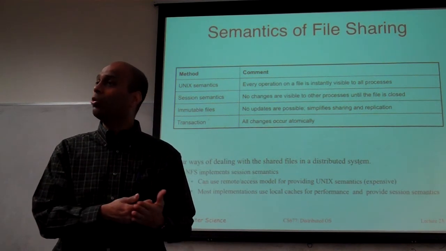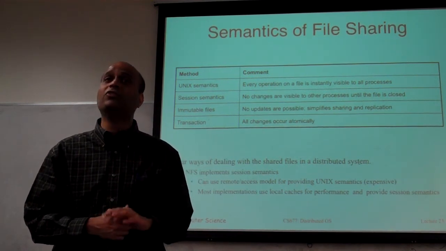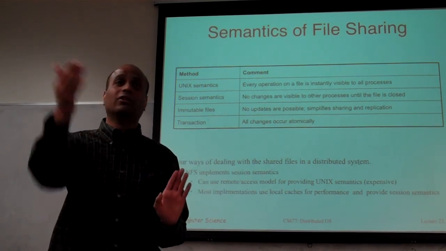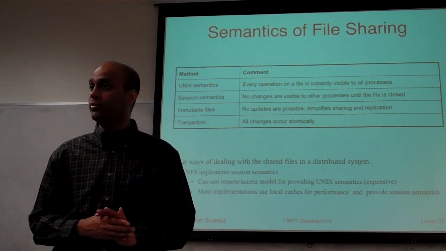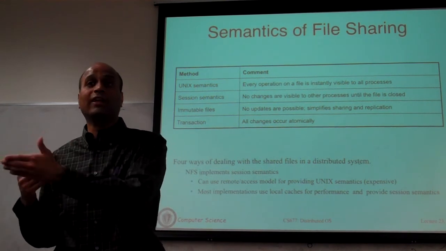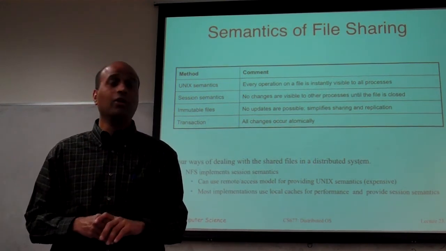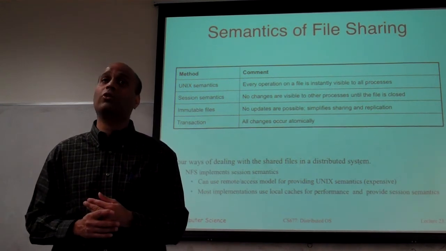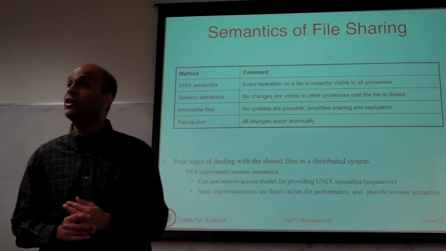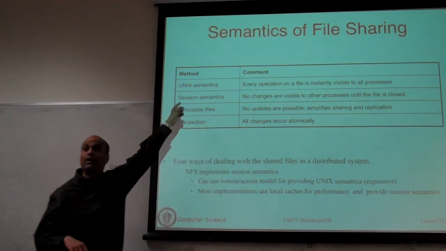They may be cached locally. So consistency is weaker. If they are cached locally, the server doesn't even know that this write has been performed. So if another process on a second machine reads the file, the server still has the old copy of the file, so it is going to provide you the old version of the file. As a result, you do not get Unix semantics.